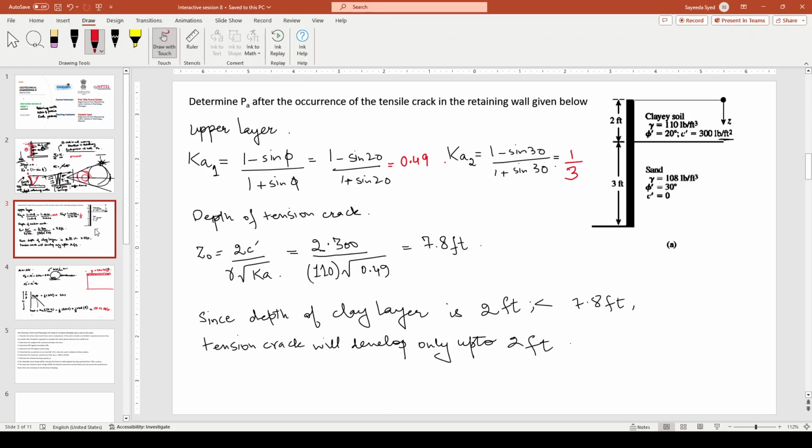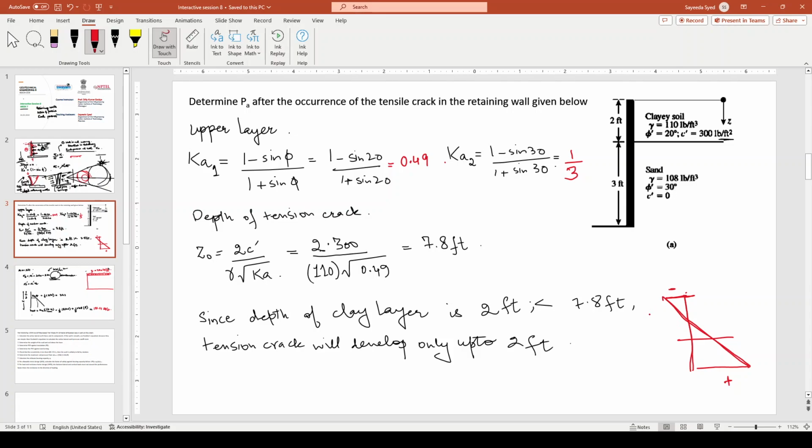See, why have we calculated the depth of the tension crack? Because the pressure exerted is only after the tension crack. Something like this we have in cohesive soils, active pressure, isn't it?